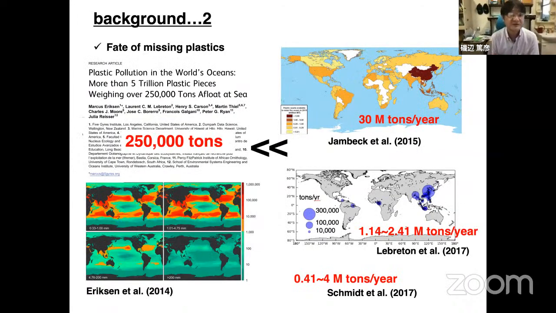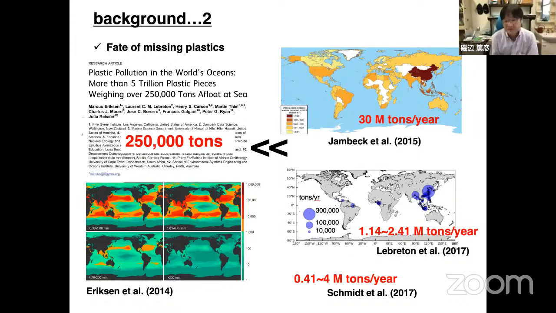The second topic is the fate of missing plastics. This is a very famous paradox. According to Eriksen 2014, the total mass of the drifting marine plastic is about 250,000 tons over the world oceans.